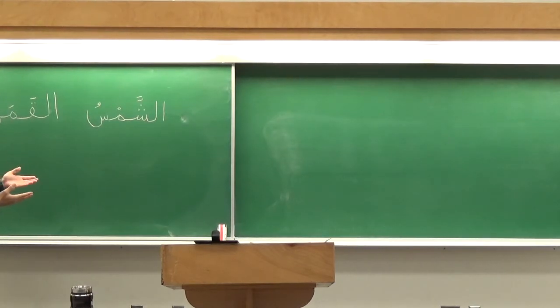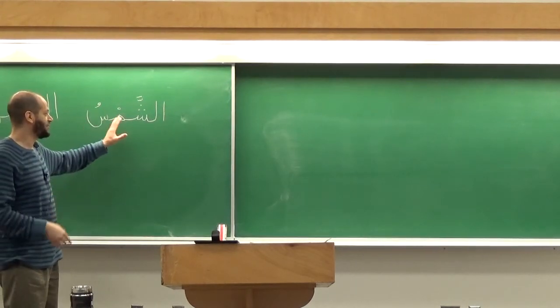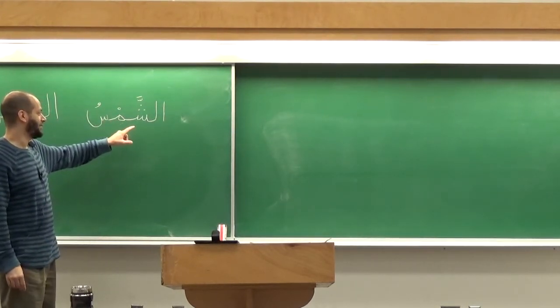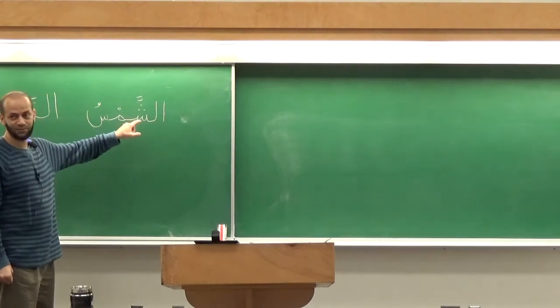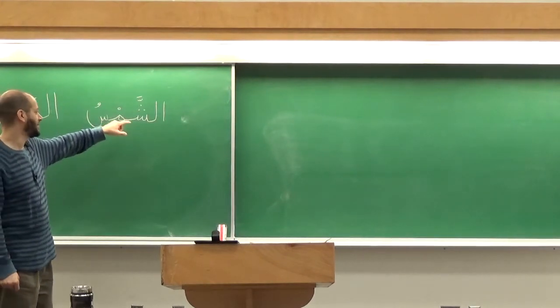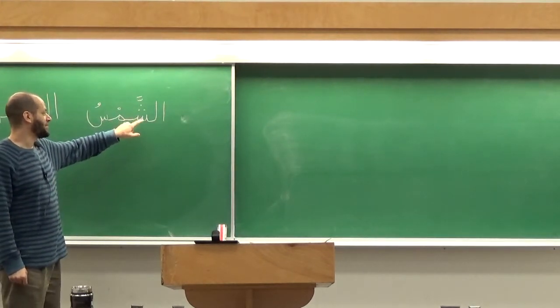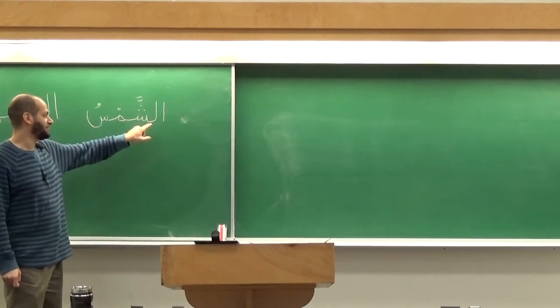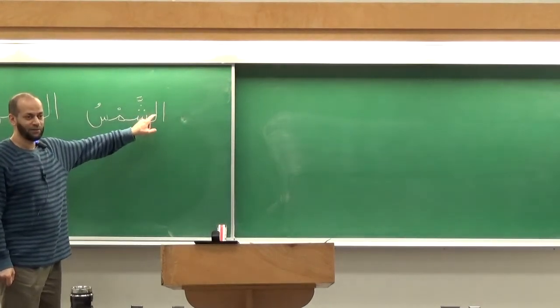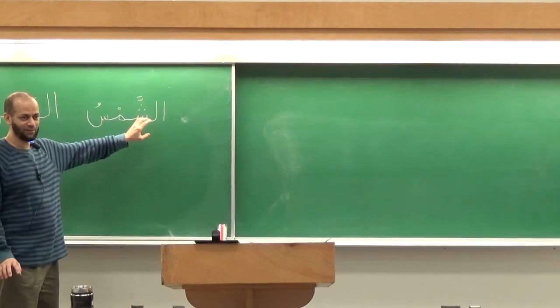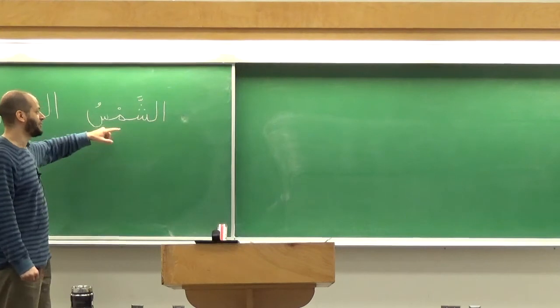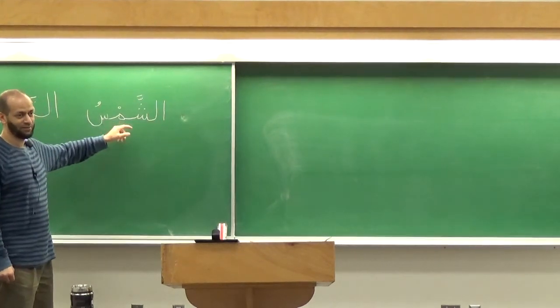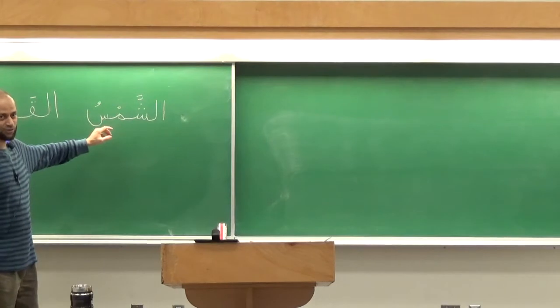What is the difference between the 2 groups? The difference is that in this group, the letters that are Shamsiyya, such as the Sheen here, Sheen is one of the sun letters. When this letter comes after the Alif Lam, then we don't pronounce the Lam. It may seem complicated at the beginning, but I will, inshallah, simplify it. So in this case, we don't say Al-Shams, we say Ash-Shams.